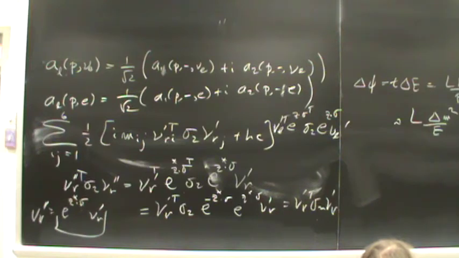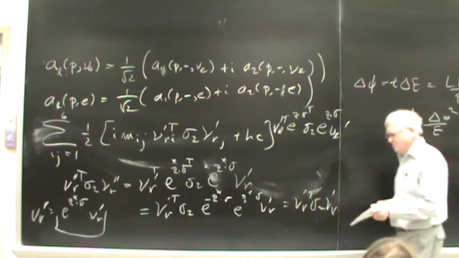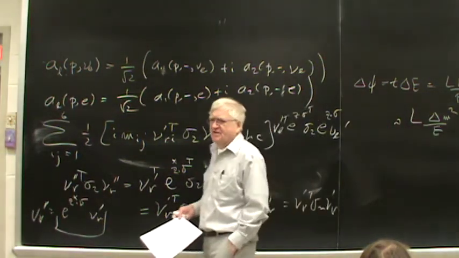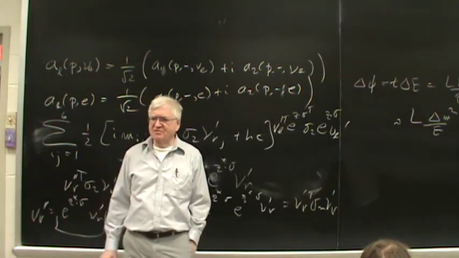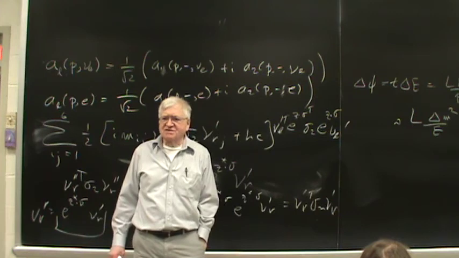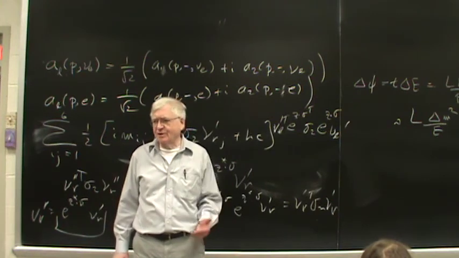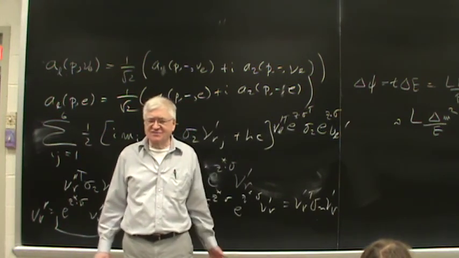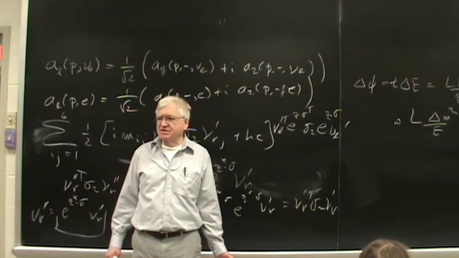And these numbers are a couple of years old. I tried to find the newest numbers from the PDG today and couldn't find them. But of course I didn't look for hours. I mean, I looked for minutes. Couldn't find them. All right, any questions?